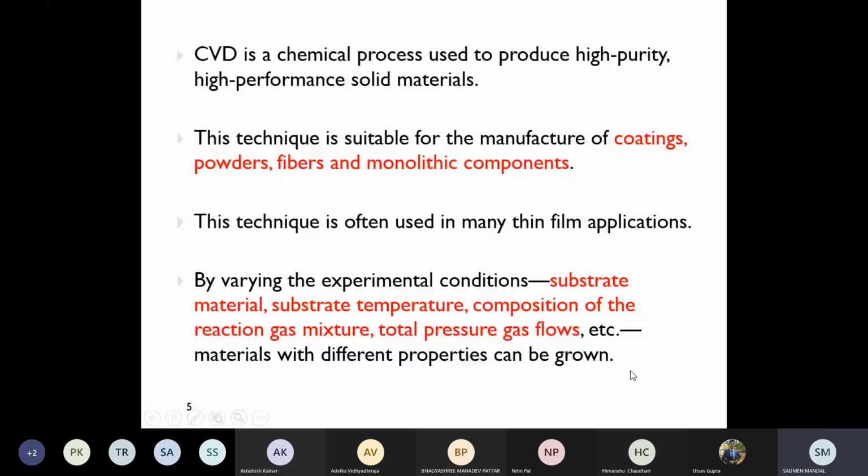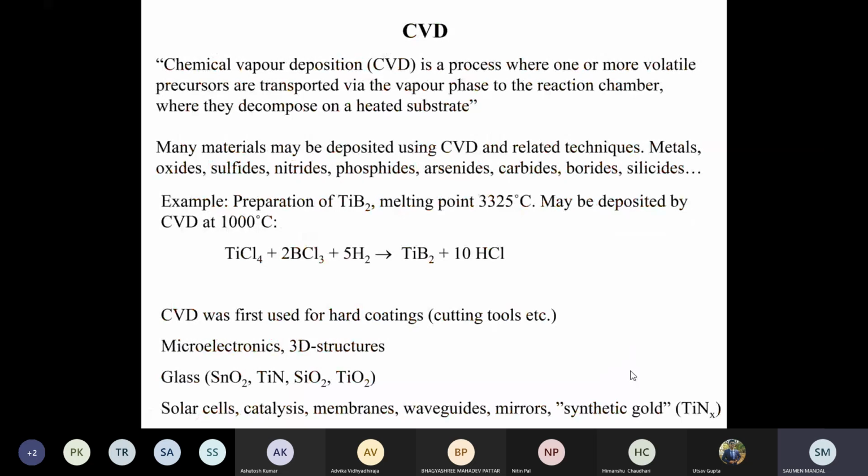In chemical vapor deposition, as already explained, one or more volatile precursors are transported by a vapor phase. The precursor materials are not liquid; they will be in gaseous form and need to be purged inside the chamber, and they will decompose on a heated substrate.